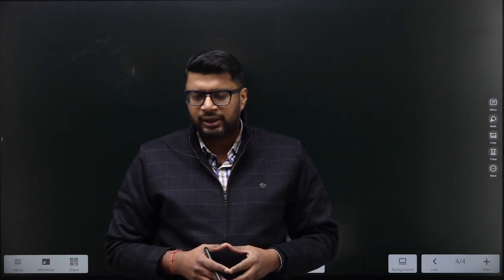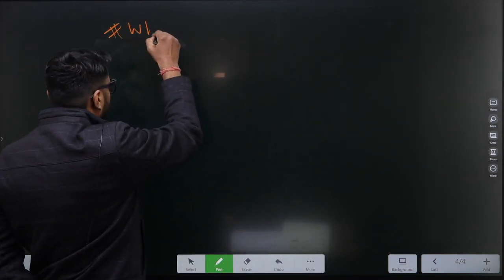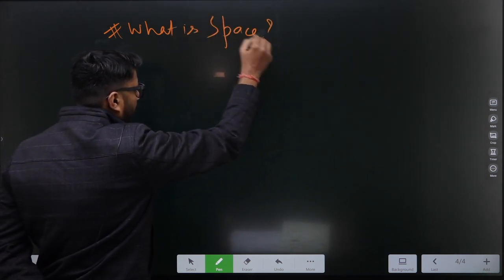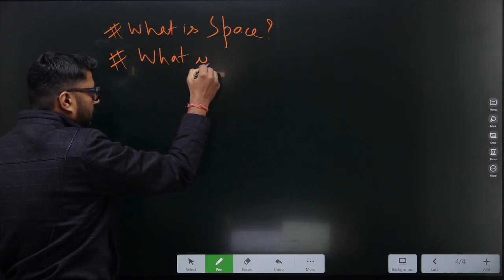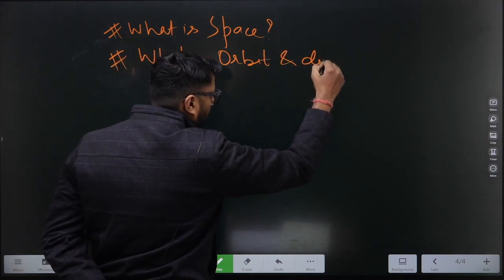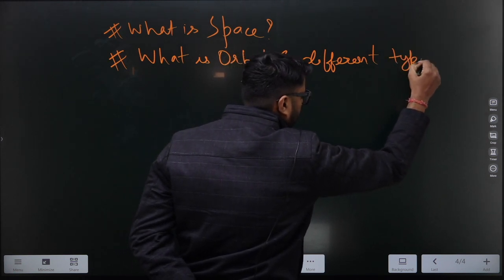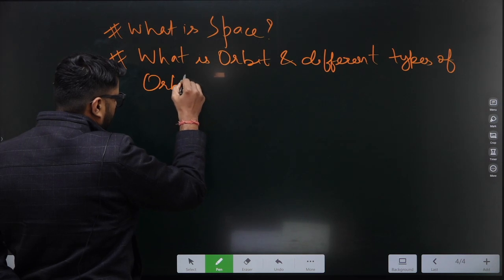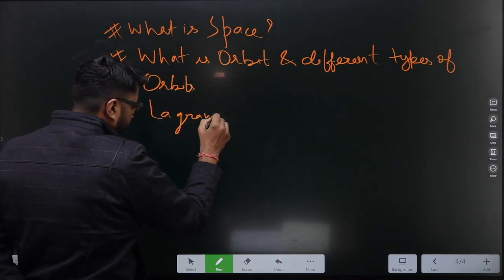And what are the key concepts? The first topic is what is space. The second topic is what is orbit and the different types of orbit, and the Lagrangian point.